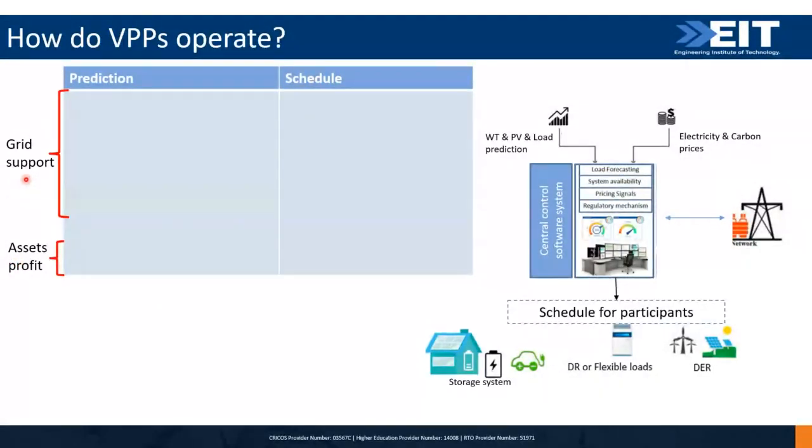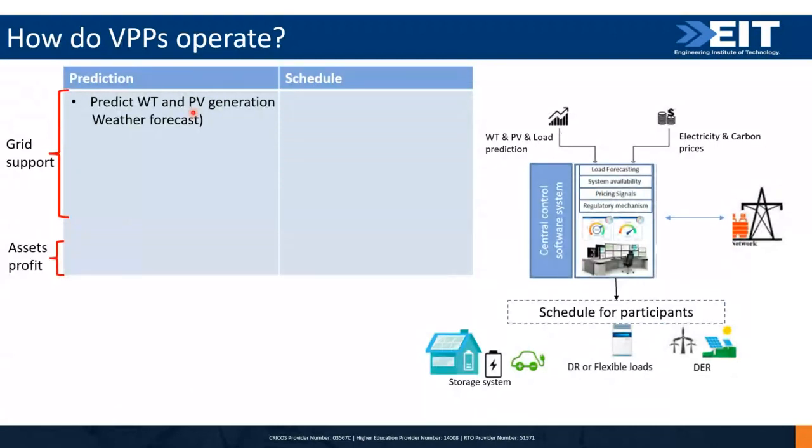Now, to make sure that there is enough support for the grid during the peak time, the VPP operator predicts the power that can be generated by its renewable power plants, for example, by the small wind farms or by the small solar systems.